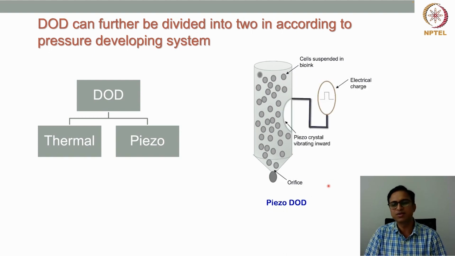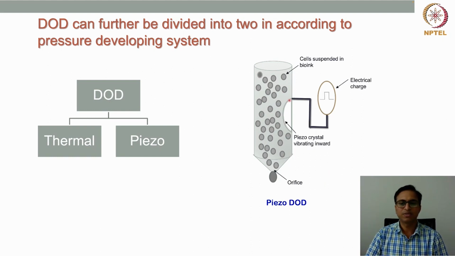The next printing technology is piezoelectric crystals, piezo based inkjet printing, where again the same liquid column is there, and a piezo crystal is attached to the liquid column. Piezo, as you know, is a transducer. So whenever an electrical signal is given to the piezo, it converts into mechanical energy, so it starts vibrating.